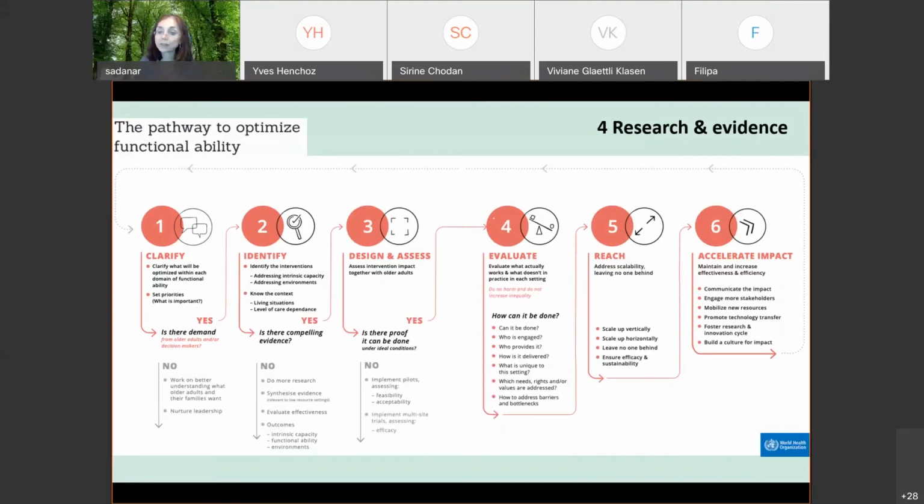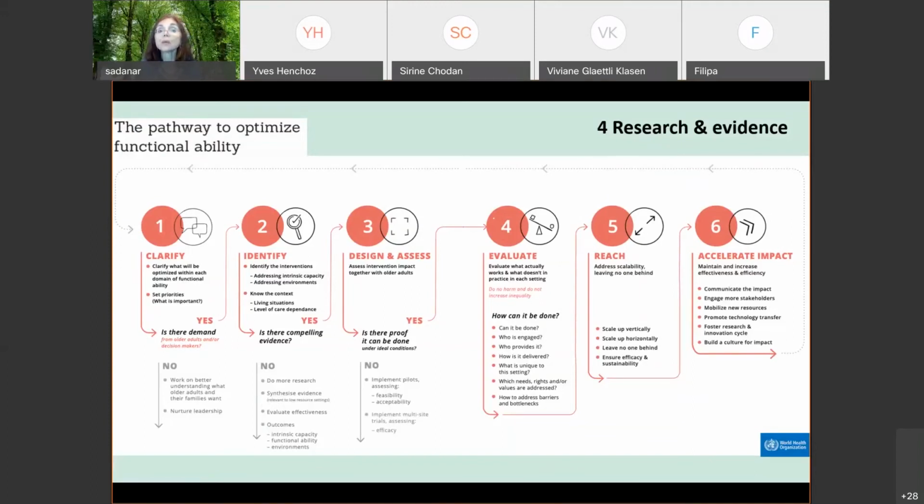One could think of it as a way of engagement where you want to clarify what matters, and this should be important not only for older adults, but also for decision makers, because we need their sustained commitment to enable appropriate resourcing and longer term investment. We want to ensure that we identify the interventions that not only support intrinsic capacity, but also improvements in environments.